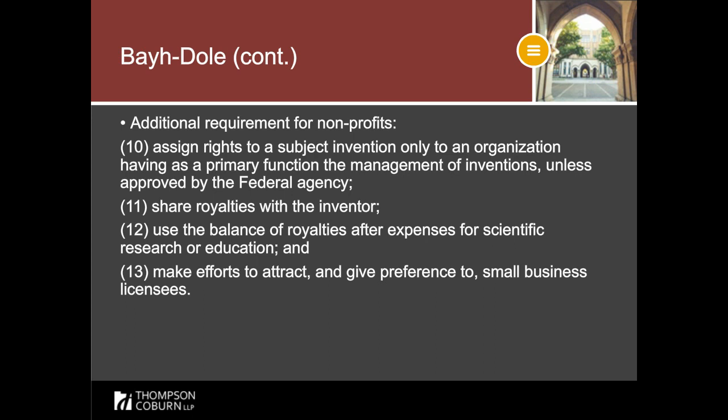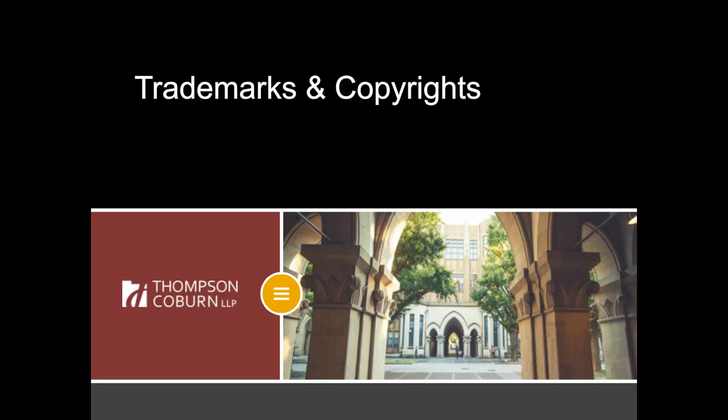And when licensing, they need to give a preference to small businesses. So I know it was quick, but that is kind of the highlights of patents in technology inventions for universities.